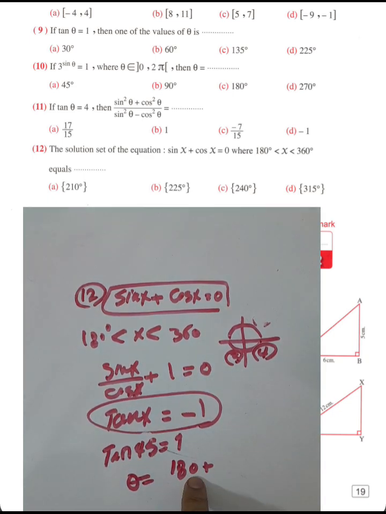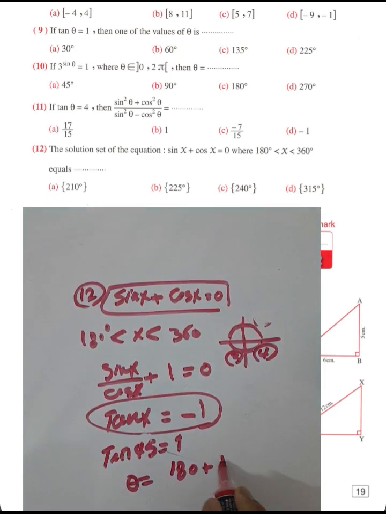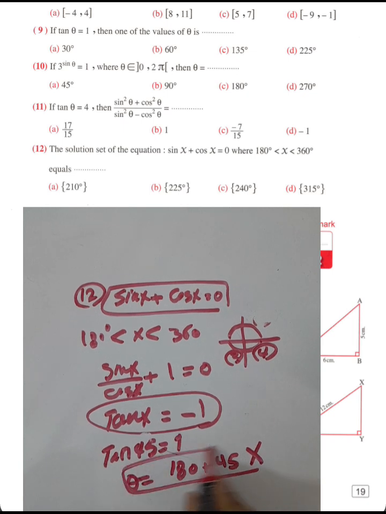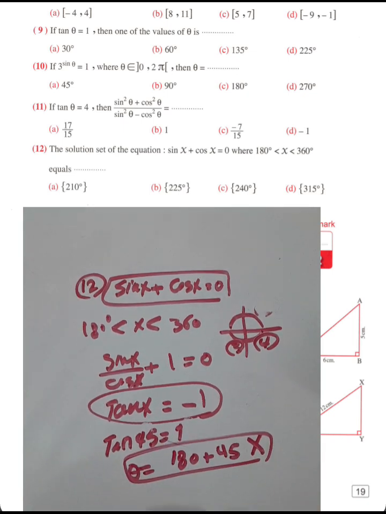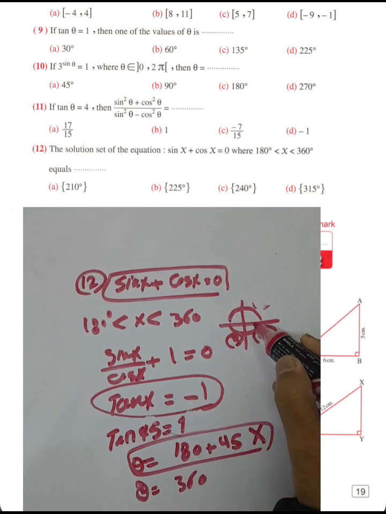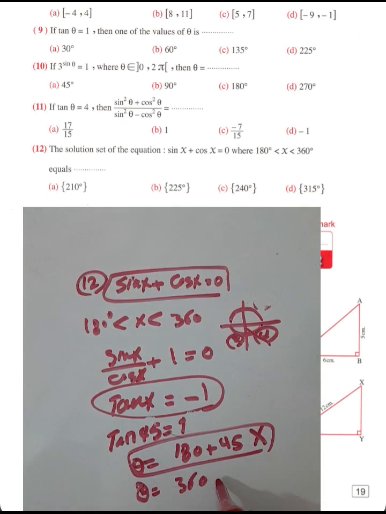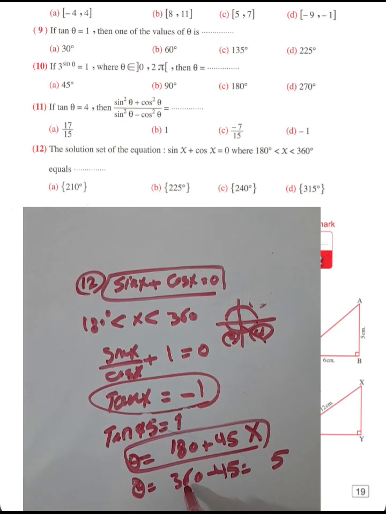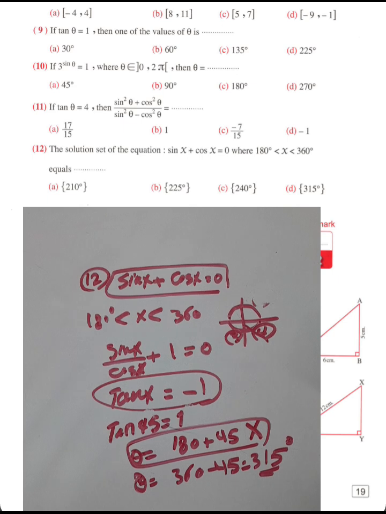Then 180 plus 45 is wrong. Don't choose it because we have a negative value. You must choose the fourth quadrant: 360 subtract 45, which equals 315. Choose letter D for question 12.